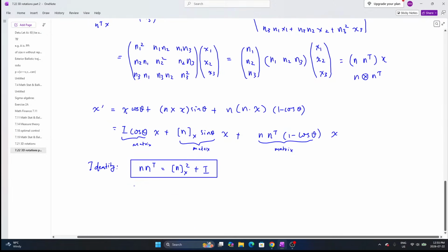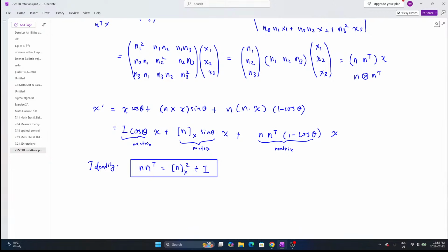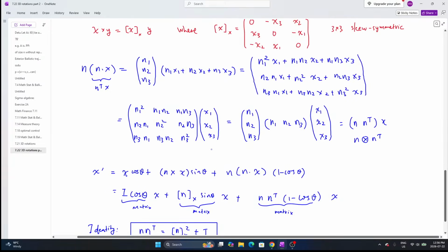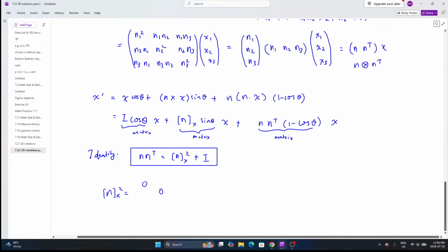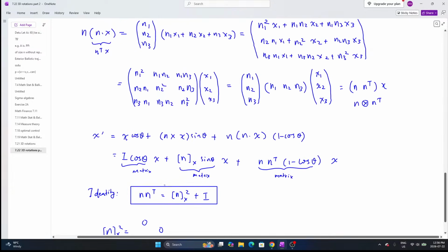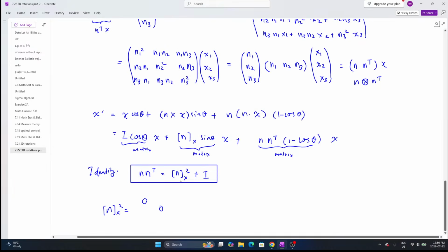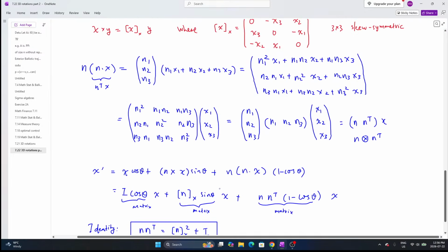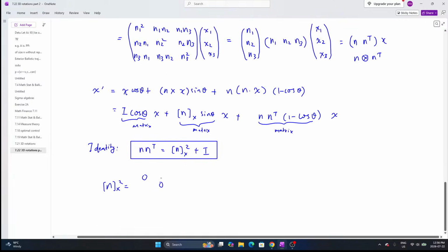All right, let's verify this identity real quick. It's just a straightforward calculation. Let's first calculate the cross product matrix squared. Once again, it is not a terribly creative process, just a brute force verification. But you should derive these formulas at least once if you are interested in using the Rodriguez formula. So there you go.